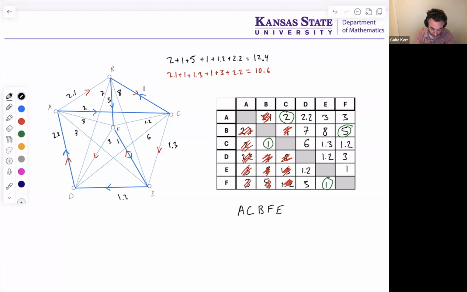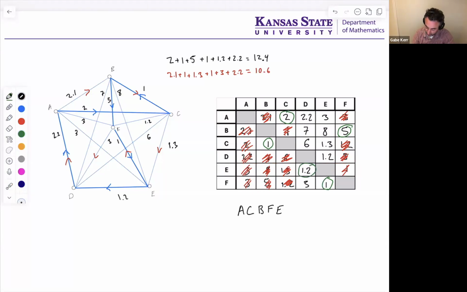And again, you can now cross out F. And now you're on E. If we look at E, you'll see there's not really any choice. You have only one, and you've already visited all the other vertices except D, so you have to go to D. So D is it.